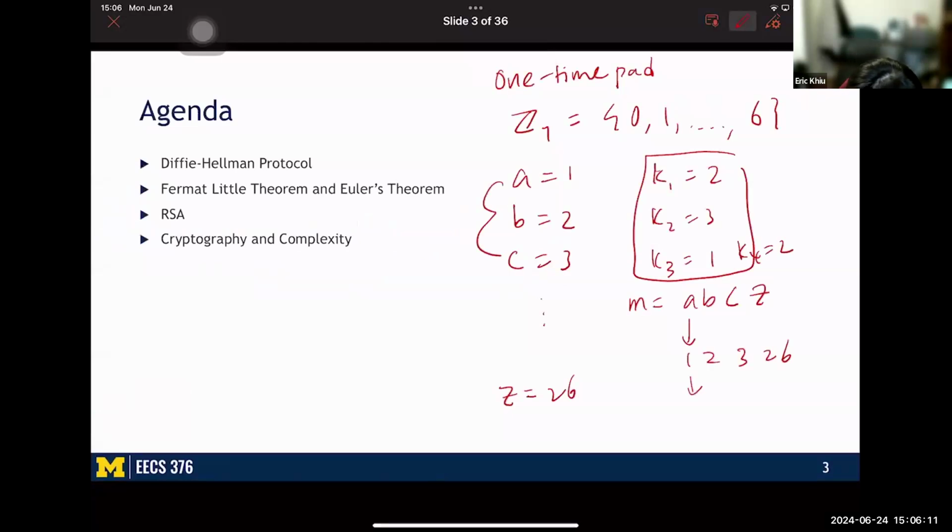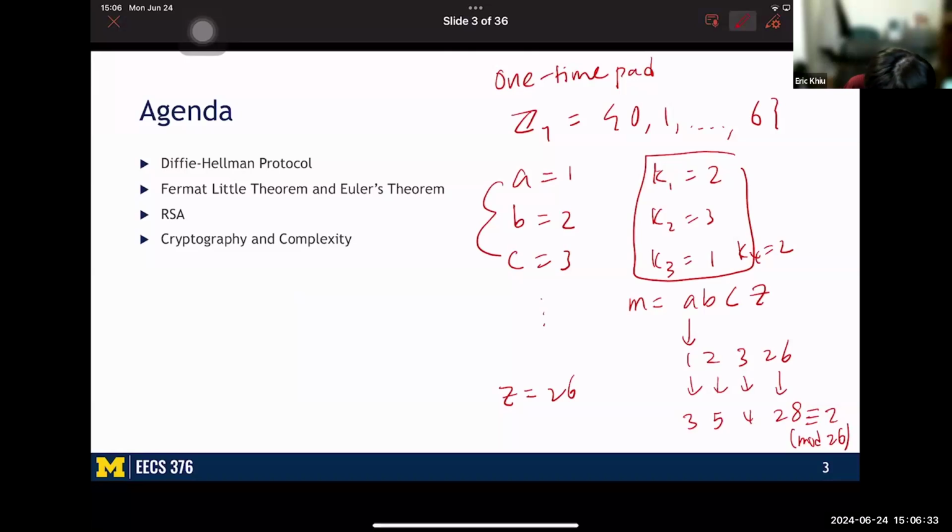So 1 plus 2 gives us 3, and 2 plus 3 gives us 5, and this will be 4, and then 26 plus 2 is going to be 28, but then we take the mod 26 of it, which gives us 2 in mod 26. Then we just go back to the table and find the corresponding letters.